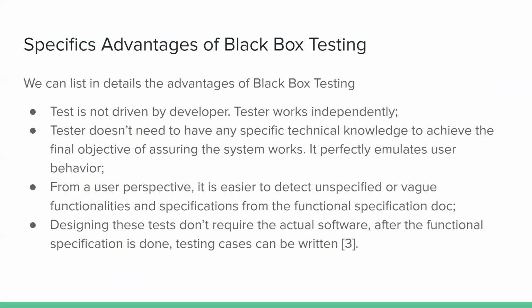It simply gets an input and expects an output. Still from the user perspective, it's very easy to detect any unspecified or vague functionalities from the functional specification documentation. That's the main source of information for the tester to try different tests. If anything is vague, wrong, or not clear enough, it's easier for the tester to detect it.